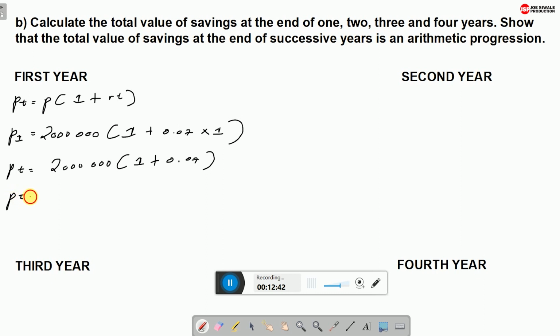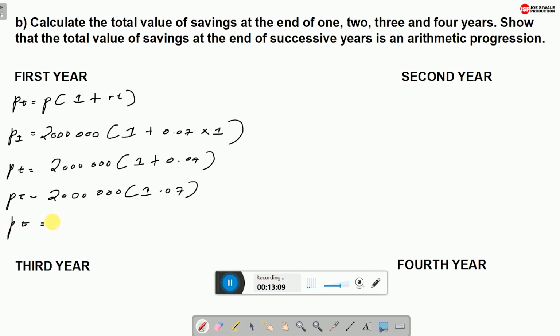So P1 is equal to 2 million, open bracket, 1 plus 0.07, which is 1.07. So P1 is equal to 2 million multiplied by 1.07.